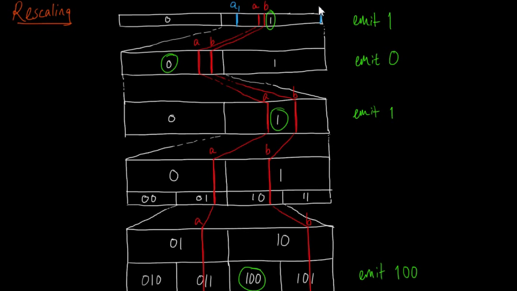And our B after the first step is right here. It's 1 still. So if we were to do what I wrote down in the algorithm, we go ahead and emit a 1, we rescale, A1 is here, B1 is still here.